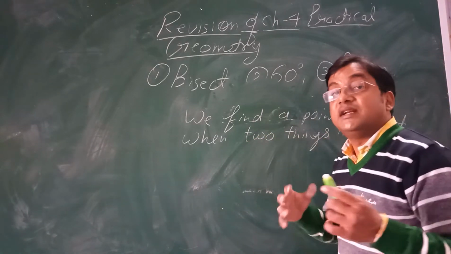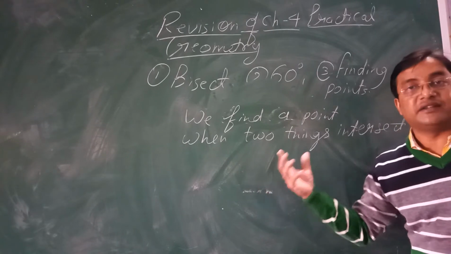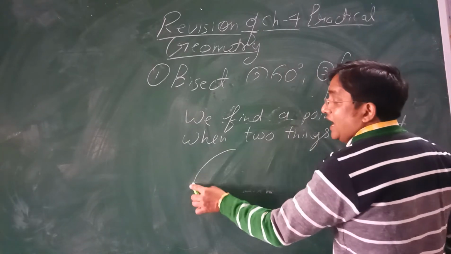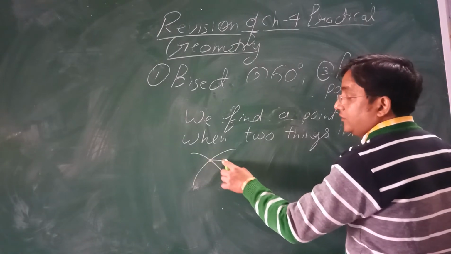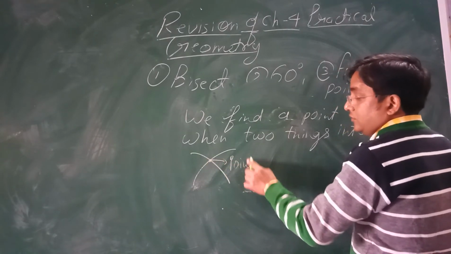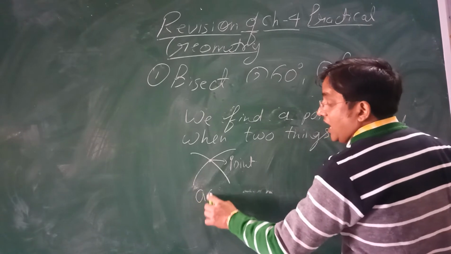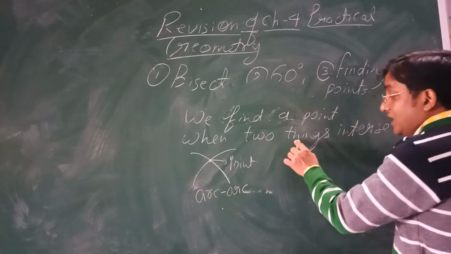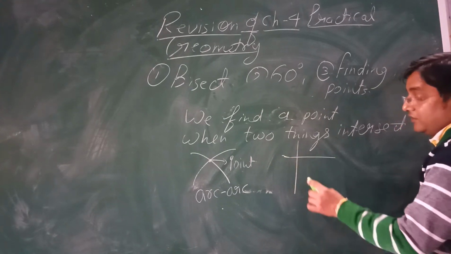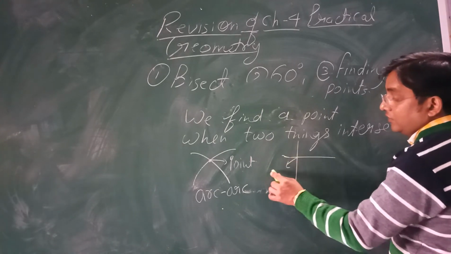What are those two things that intersect? See, arc and arc. When two arcs intersect, you get a point. Then line and line, there you get a point.